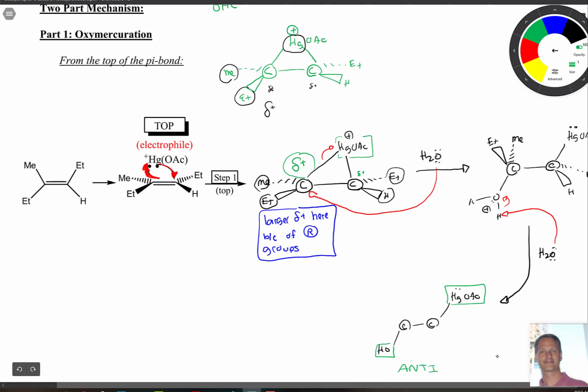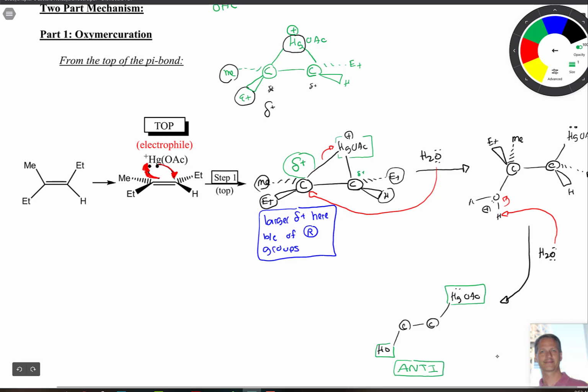It's an anti-addition, right? And then we have our other groups that we need to put in. So wedge and a dash at each carbon, and then we just copy them over, right? So ethyl front, methyl back, H front, ethyl back. All right, so that's what we get from this top attack.